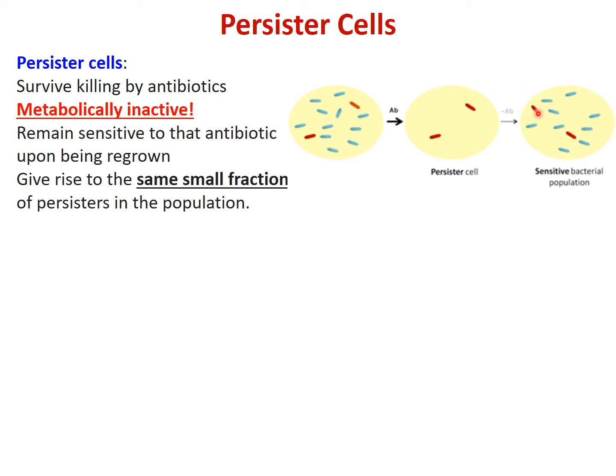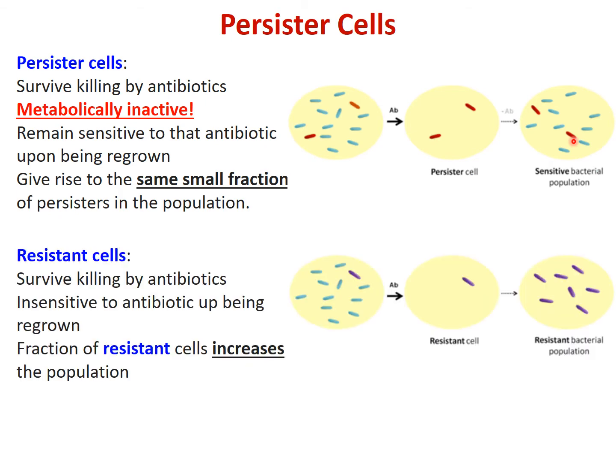If you now grow in the absence of an antibiotic, the population will regrow, but you will now get a combination of persister cells and normal cells. Why is that? That's because this is not a genetic change in the persister cell. They are still the same bacteria as these blue ones. It's just that they have, for some reason, become metabolically inactive. And so when the population regrows, the same fraction of them that were persister cells remains.